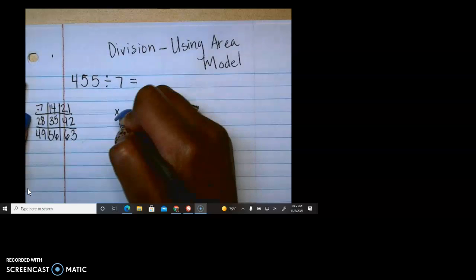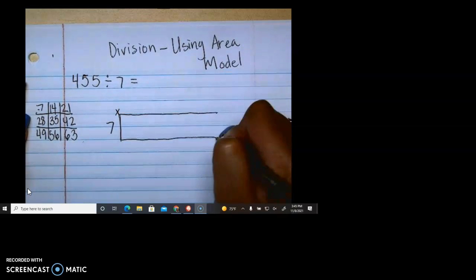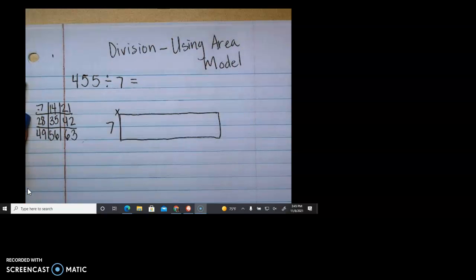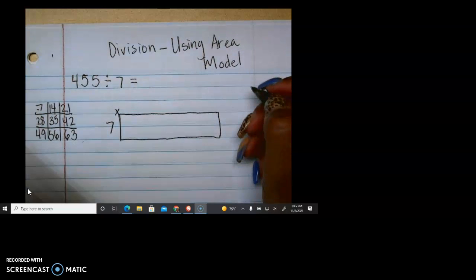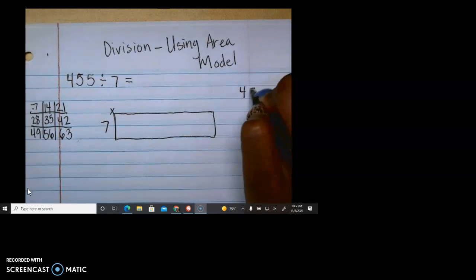Here, going back to that area model setup that we're familiar with, I'm going to put a box here to represent how I need to break this number down. Now, everything that I solve needs to be subtracted from 455.